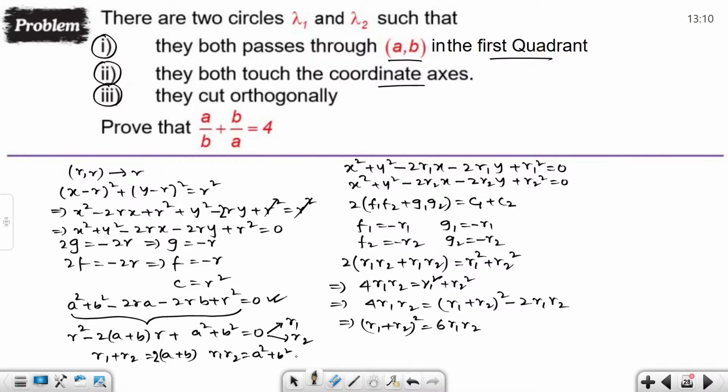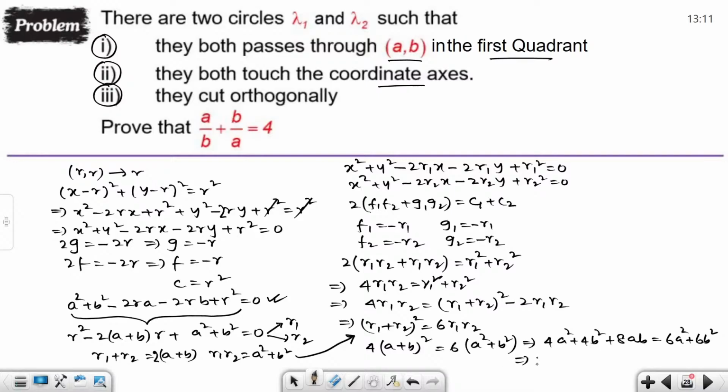So now simply replace those values in this equation. We are getting 4 times (a plus b) whole square equals 6 times (a square plus b square). So let me open it. 4a square plus 4b square plus 8ab gives us 6a square plus 6b square.